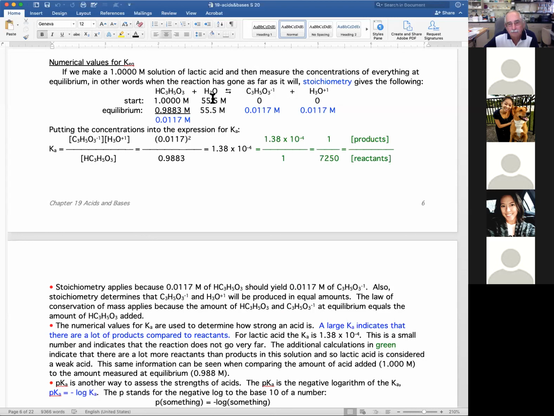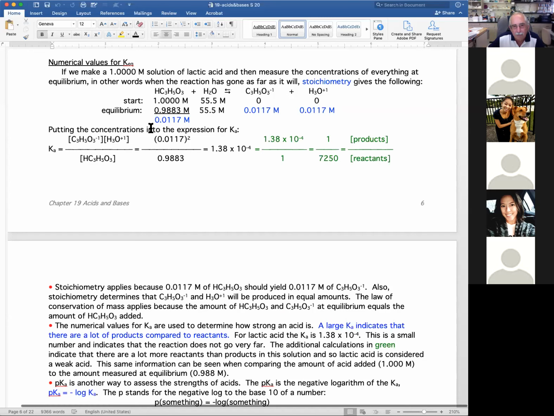When I was doing that, there was none of this and there was none of this, right? Then if I measure at equilibrium, the concentration of lactic acid is not 1 anymore, it's 0.9883 moles per liter. So what happened to that missing 0.0117?